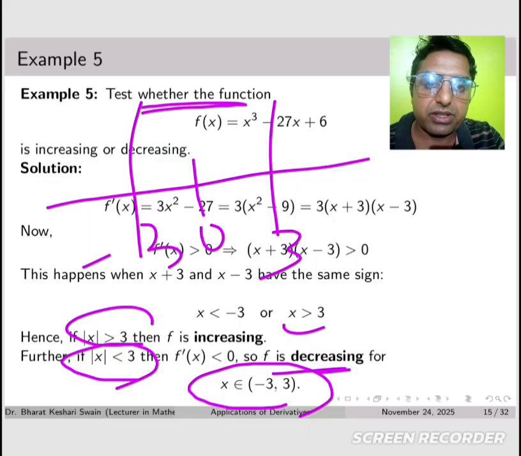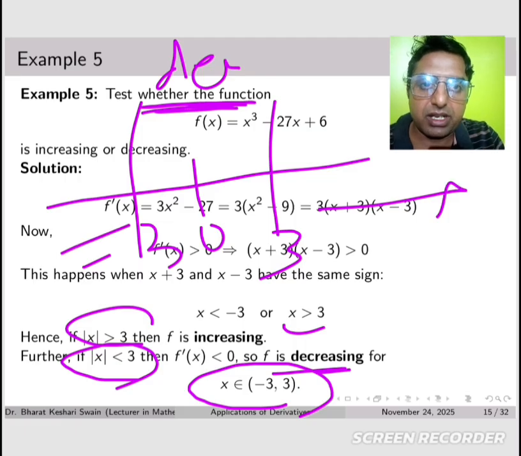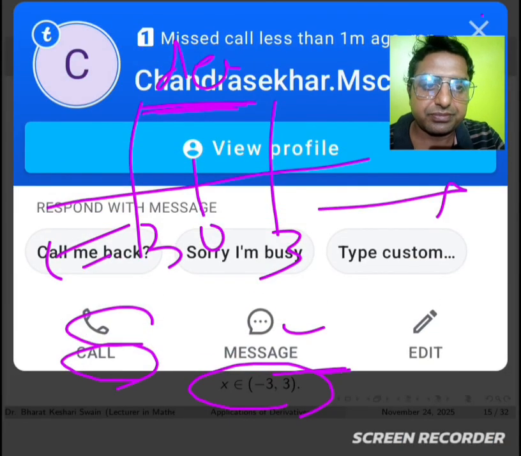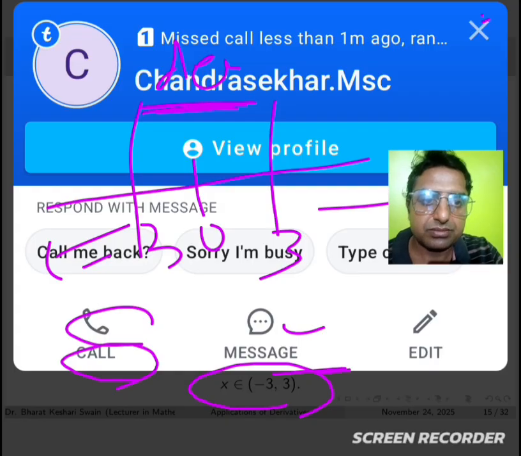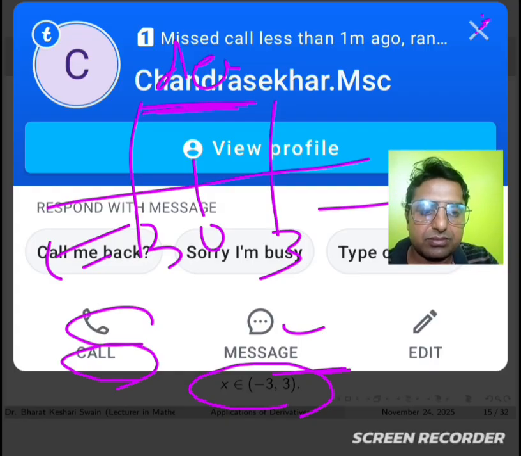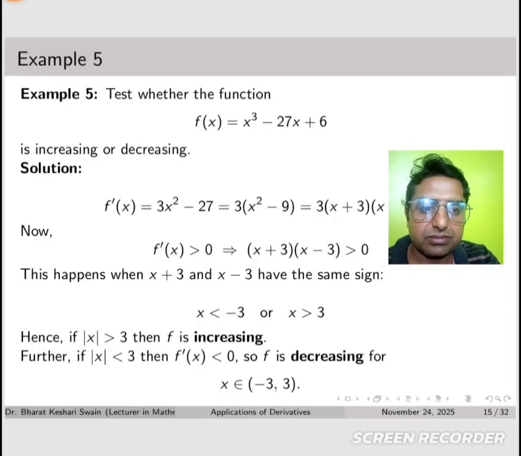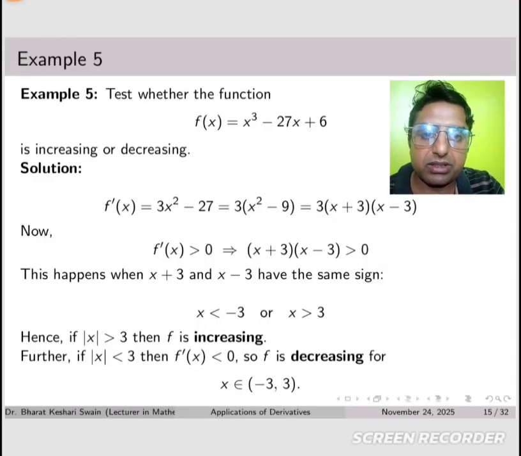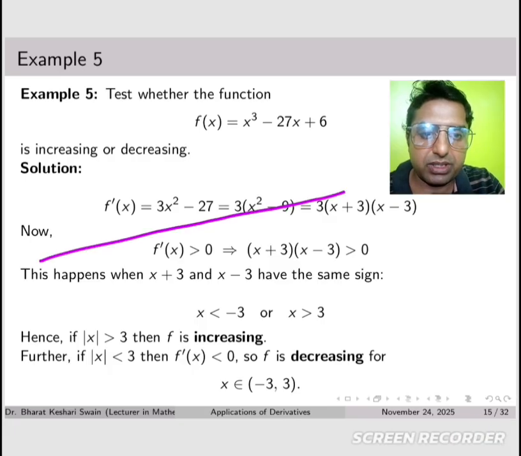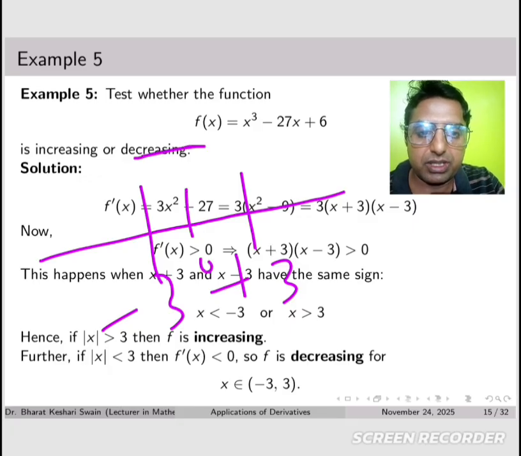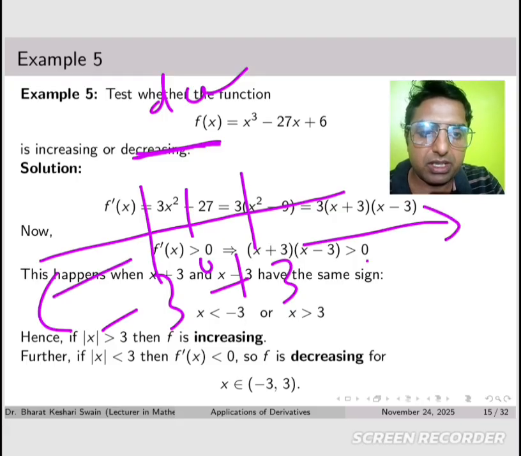From minus 3 to plus 3 it is decreasing, and for greater than 3 or less than minus 3 it is increasing. So in the interval minus 3 to plus 3 it is decreasing, and outside it is increasing.